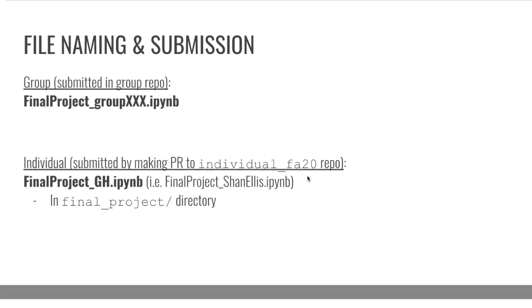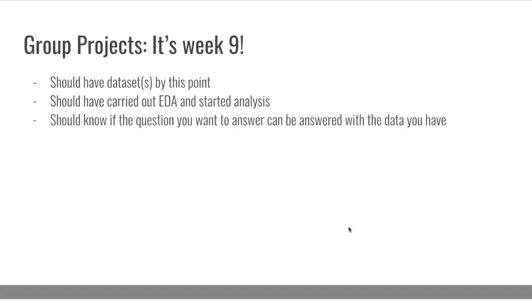So for example, my GitHub username is Shan Ellis. So my file would be Final_Project_ShanEllis.ipynb. And note that you should make a pull request to the final project directory on the individual FA20 repo. If there are any questions, feel free to post them to Piazza, but that's the general procedure.